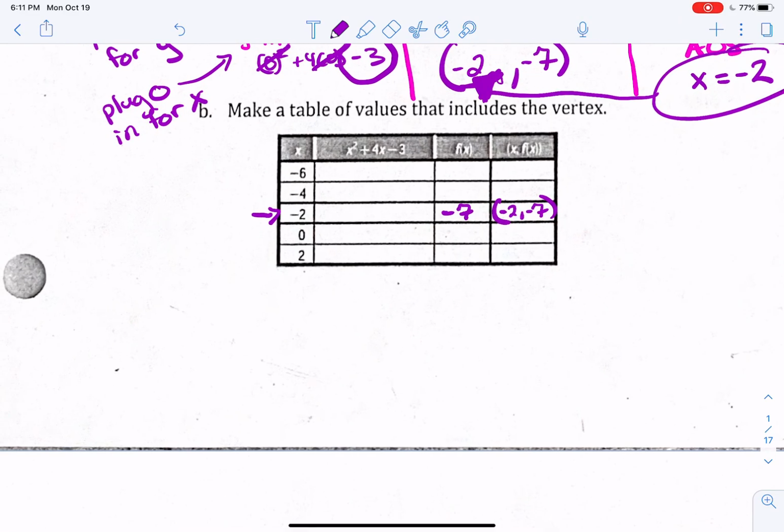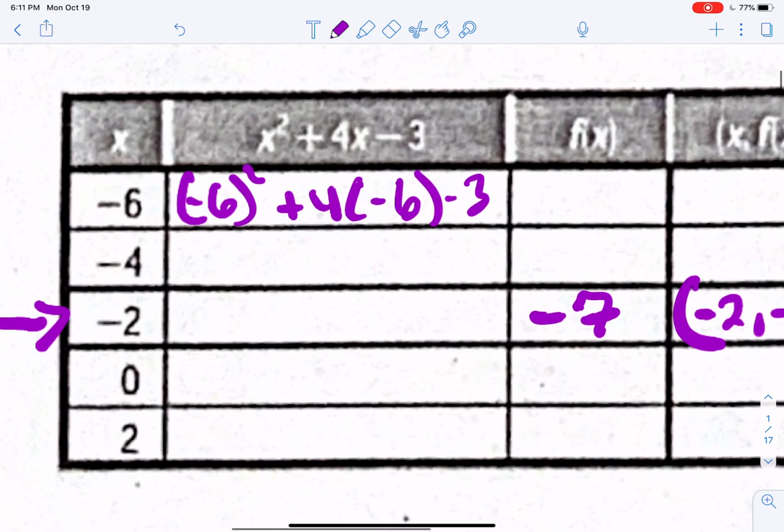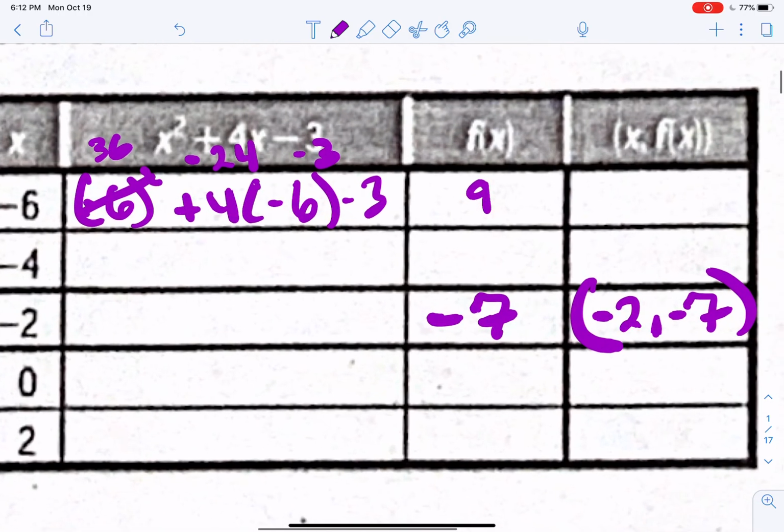So negative 6, if we plug it in, we would have negative 6 squared plus 4 times negative 6 minus 3. Negative 6 squared is 36. 4 times negative 6 is negative 24. Minus 3, that would be, I think, positive 9. Let me check that. Yes, positive 9.